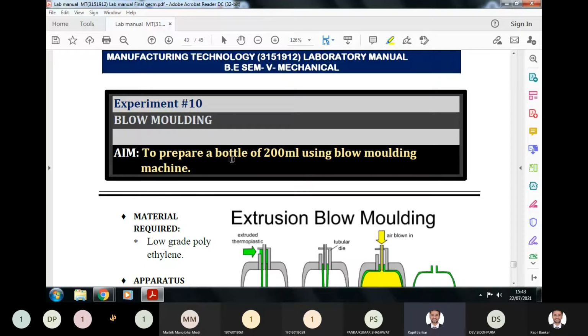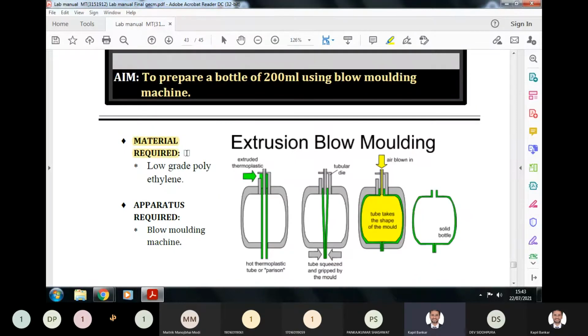First, the material required is low grade polythene. You can use waste polyethylene also. You can melt that, and the same material can be utilized in the blow molding process itself.